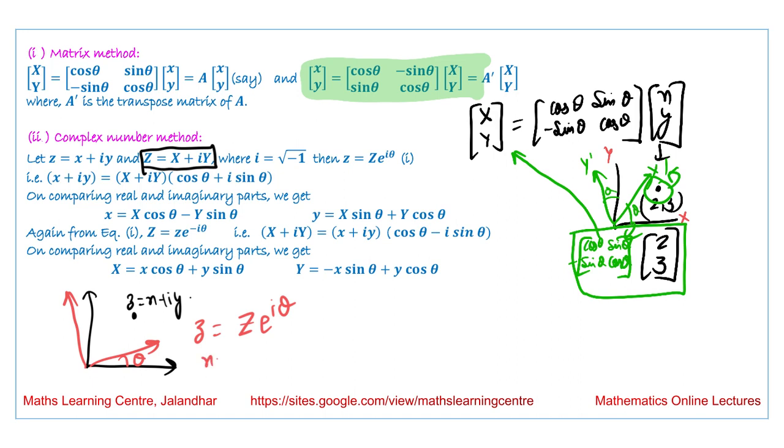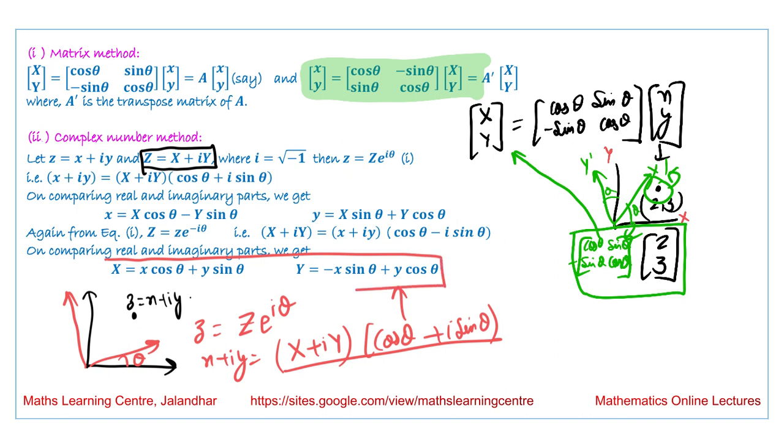This implies x plus iota y is equal to capital X plus iota capital Y into cos theta plus iota sin theta. When you multiply these terms, you again obtain two equations: capital X is equal to x cos theta plus y sin theta, and capital Y is equal to minus x sin theta plus y cos theta.